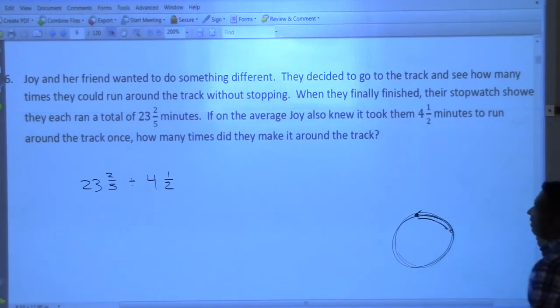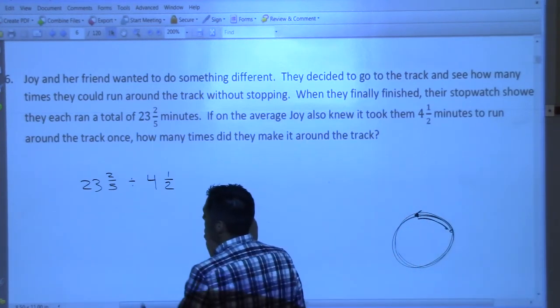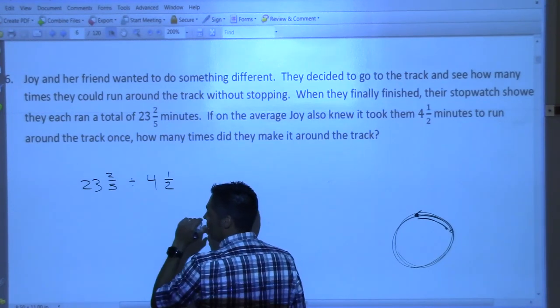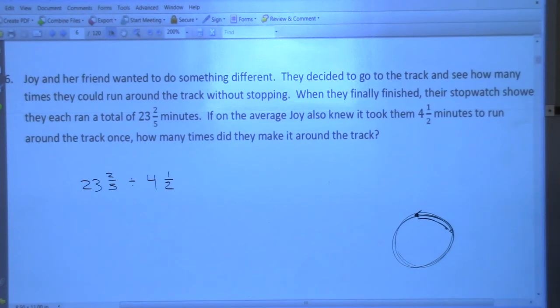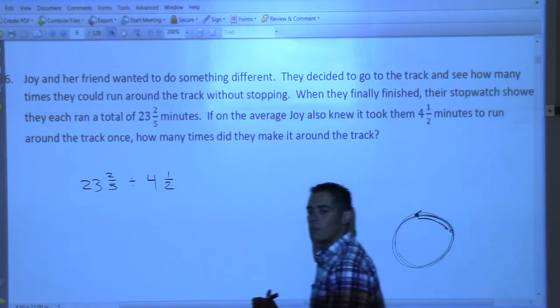All right, so if on average it took them 4.5 minutes to run around the track once, how many times do they make it around the track? So let's do the division on this. If we're going to divide here, what do we need to do? Maybe get them out of the mixed numbers first? So what does that first fraction turn into? 117 over 5.